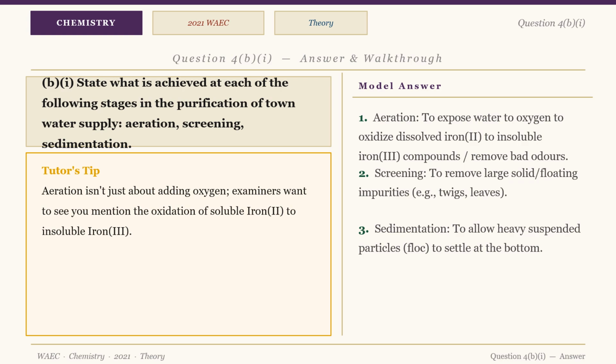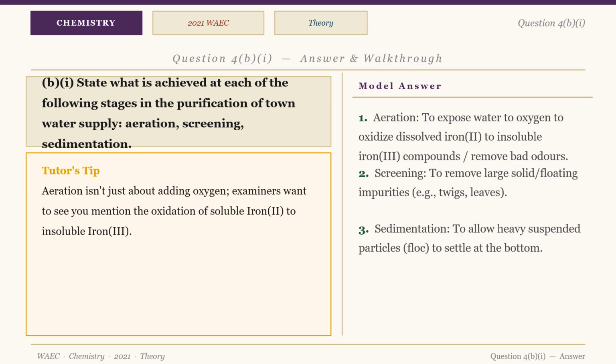Now, aeration isn't just about adding oxygen, so they also wanted you to mention the oxidation of soluble iron 2 to insoluble iron 3 compounds. So it can also be used to remove bad odors.